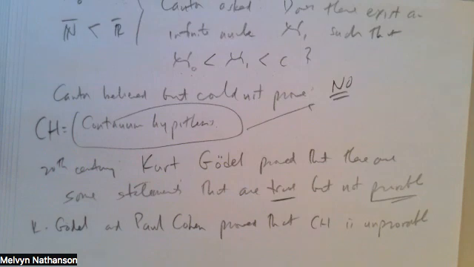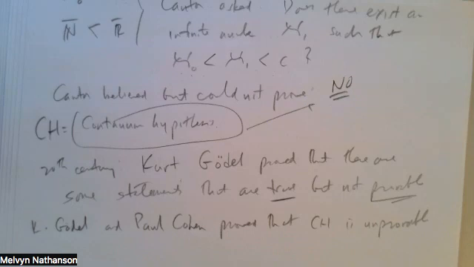Gödel proved actually several things. One is there do exist statements that are true but not provable. And he, together with Paul Cohen, separately about 40, 50 years apart, Gödel proved one part and Cohen proved the rest.